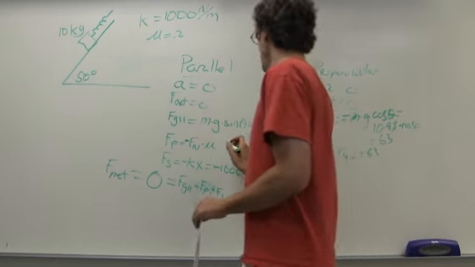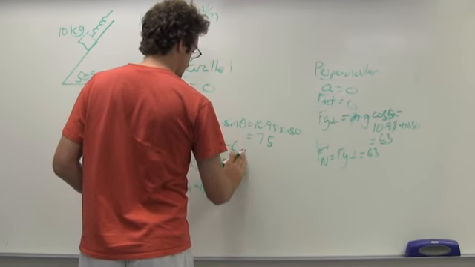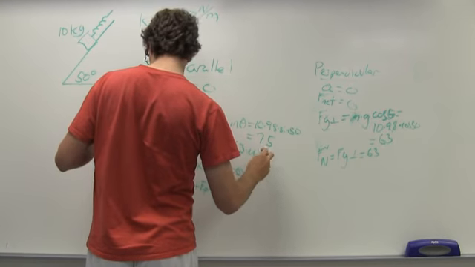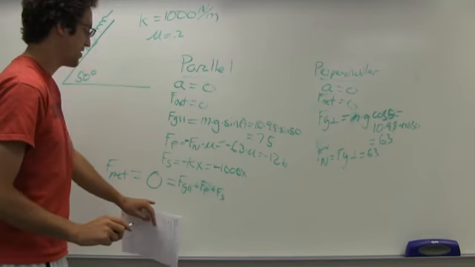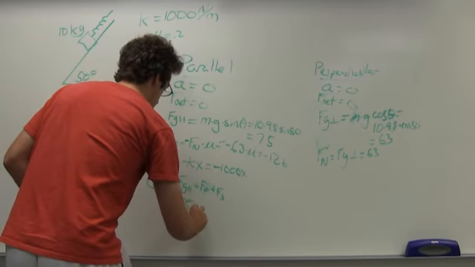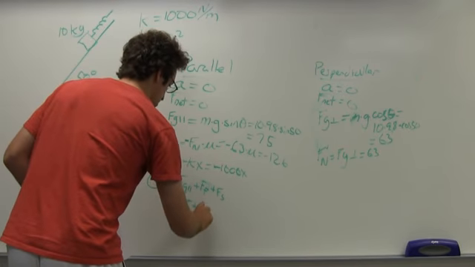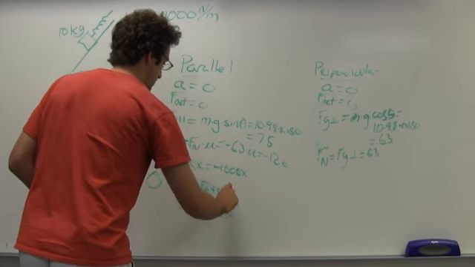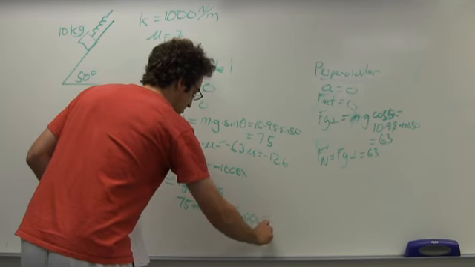So we plug this back in. Here we get negative 63 times mu equals negative 12.6. We can now plug it in down here. We get 75 plus the force of friction, which is negative 12.6, plus the force of the spring, which is negative 1,000 x.